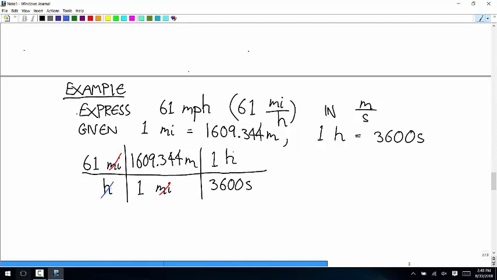And now those cancel, and the units we have left are meters divided by seconds, just like we want. And the answer to that is 27.26 meters per second. Any questions about that?